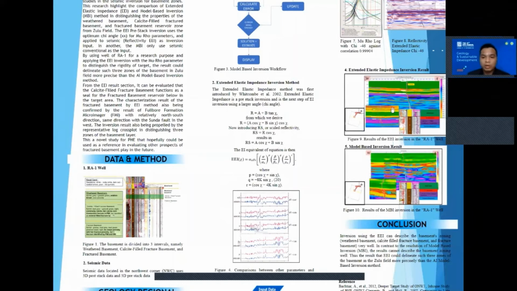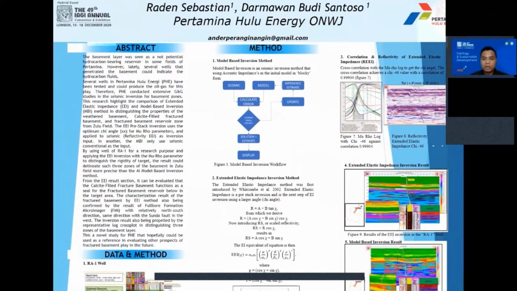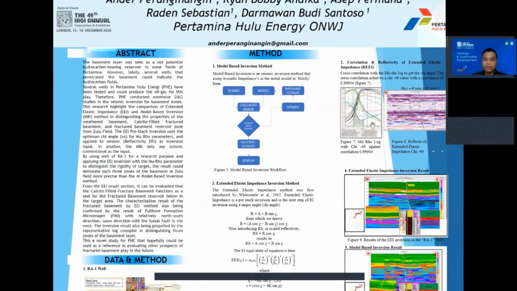We make a correlation between the log spectrum and the log parameter here, in figure 7. We are focusing on log Miro, and in this figure we can see that log Miro has a correlation with the log parameter at a chi-angle of minus 46, with correlation up to 0.99.